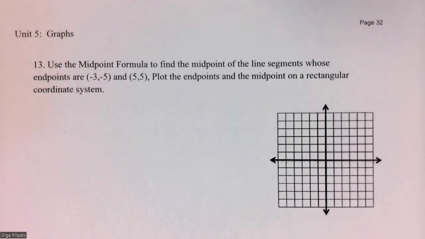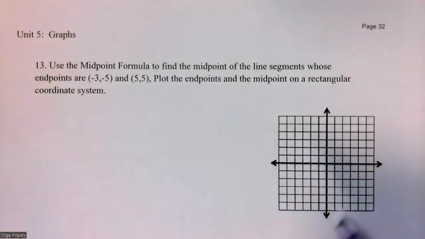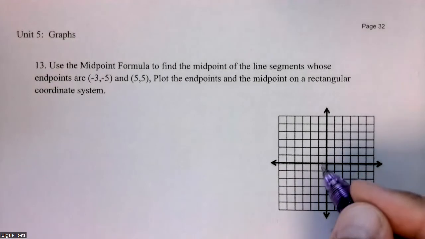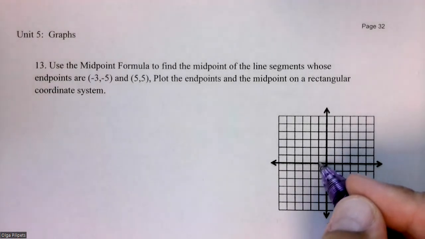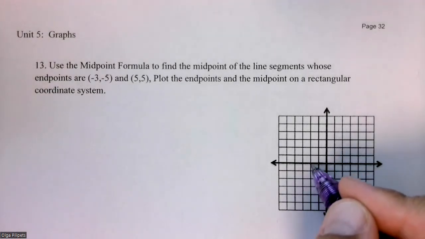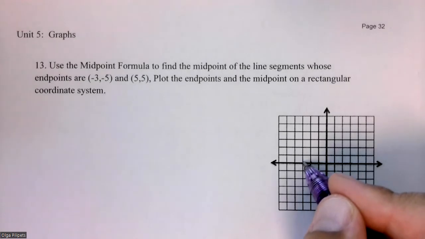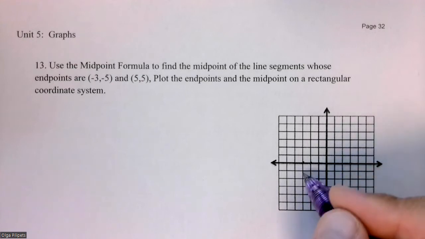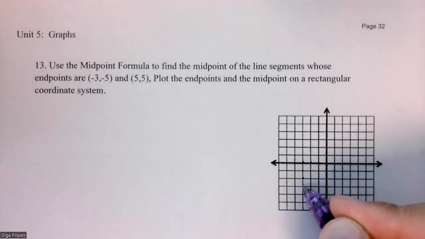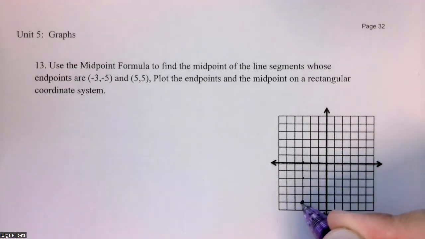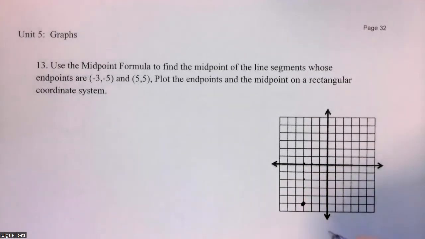Plot the endpoints and the midpoint on a rectangular coordinate system. So we have -3: 1, 2, 3 to the left, and -5 means 5 down: 1, 2, 3, 4, 5. So here's my first point.